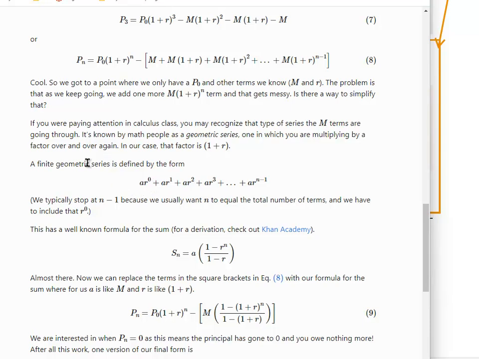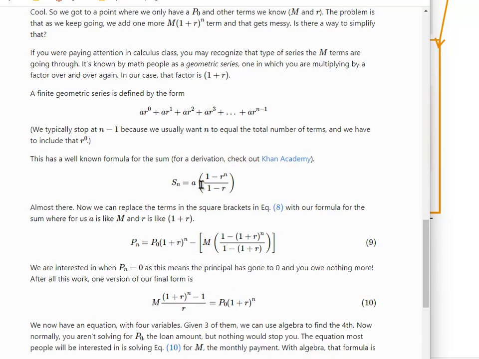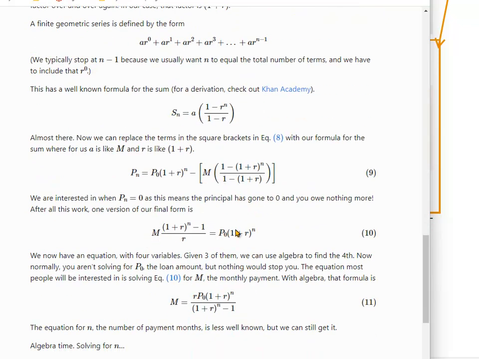And that, with the geometric series, it says here, you can look it up on Khan Academy or in any kind of good math book, that it comes out to this relatively simple formula, and it ends up then as this one.